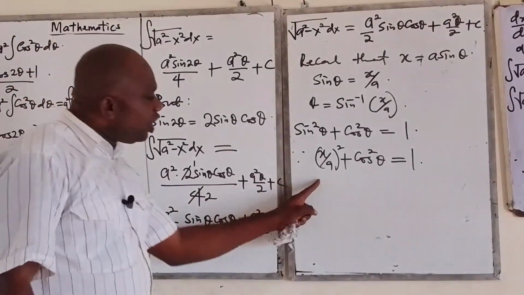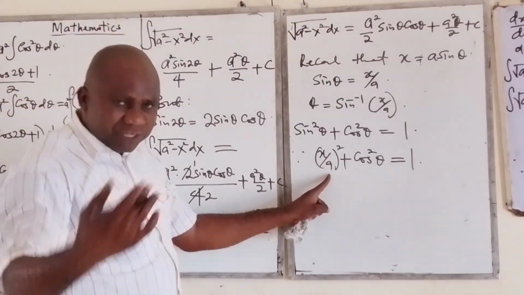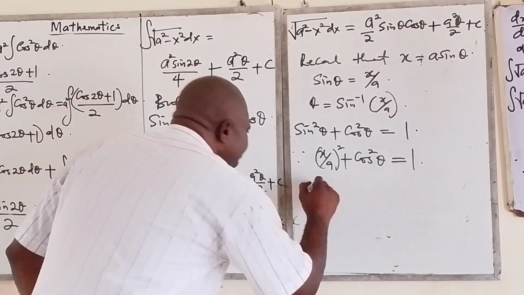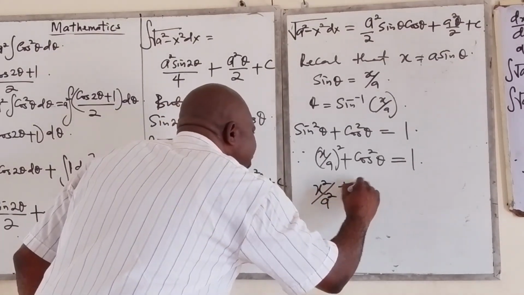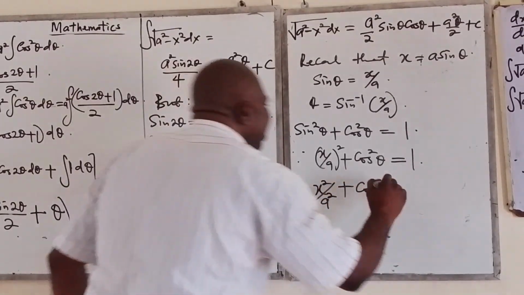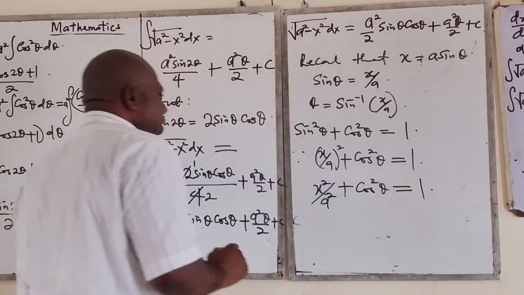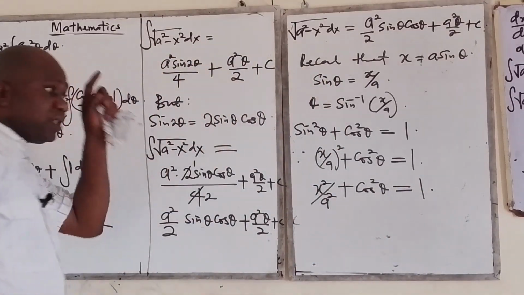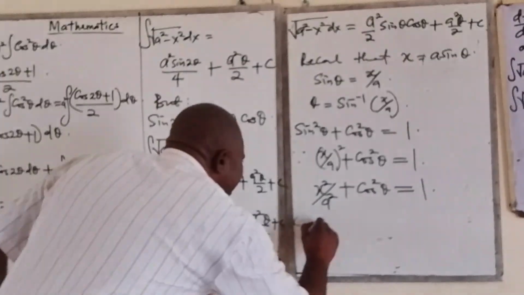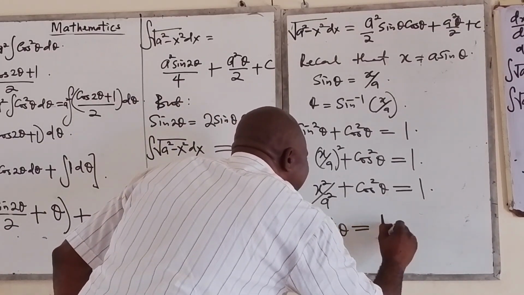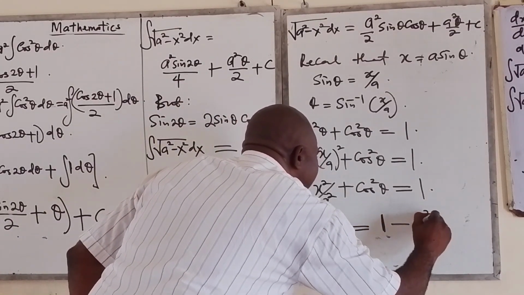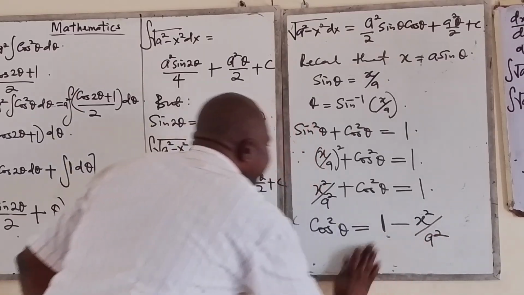And x all over a squared is x all over a times another x all over a. That gives us x squared all over a squared plus cos squared theta is equal to 1. So making cos squared theta the subject of the formula, cos squared theta will be equal to 1 minus x squared all over a squared.